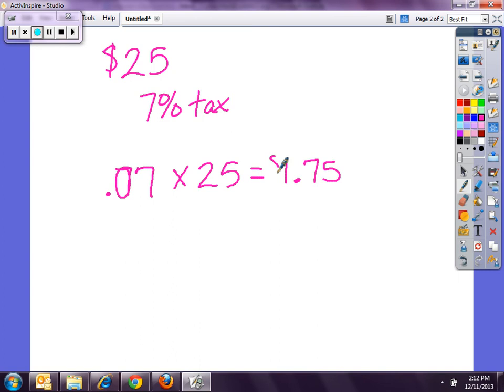But if I want to know what my total bill is with 7% tax, well, 100% of 25 would be 25. Okay, so I want 100% plus the 7% tax. So I could also do 1.07 and multiply it by 25. So let's just see if I'm right or if I've completely lost my mind.